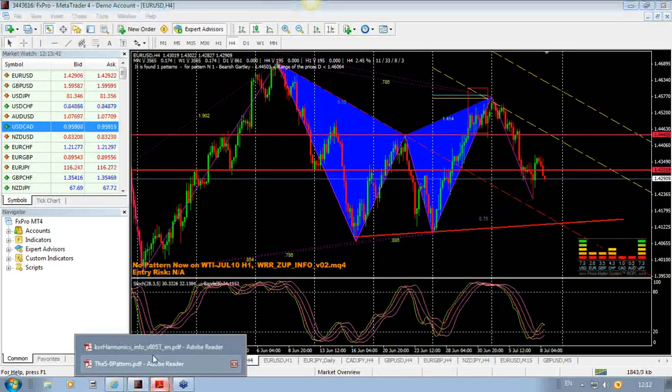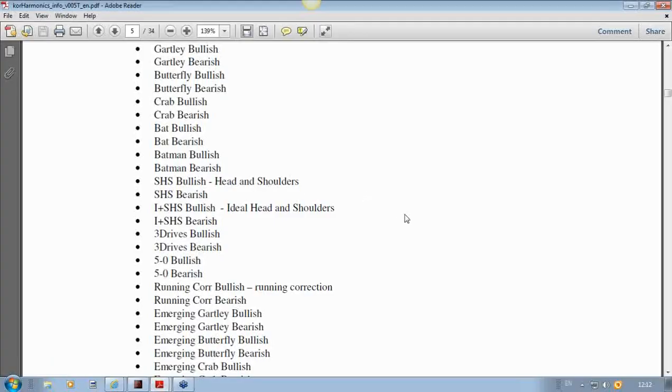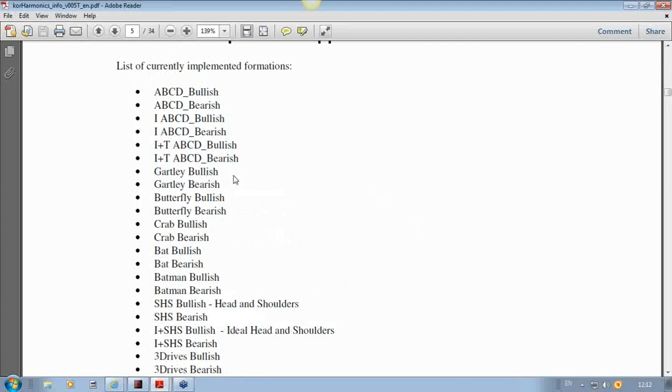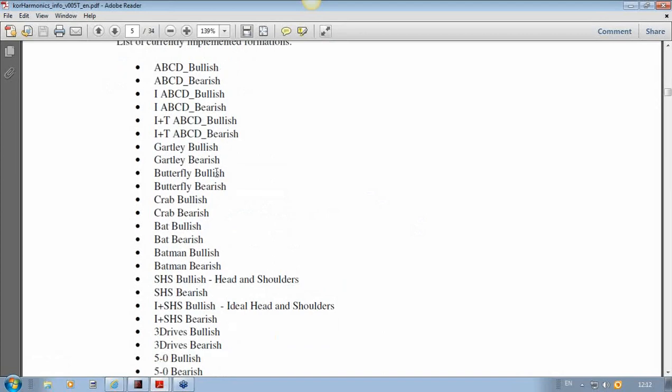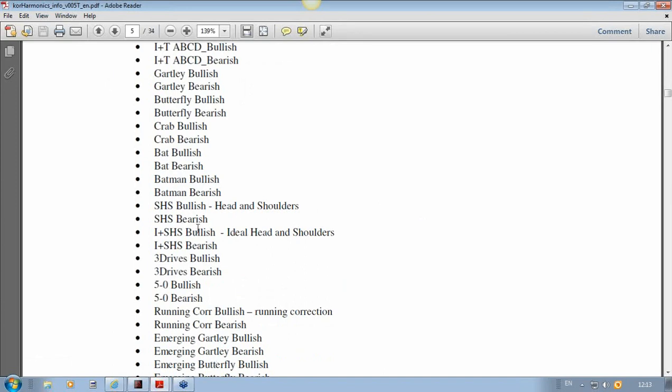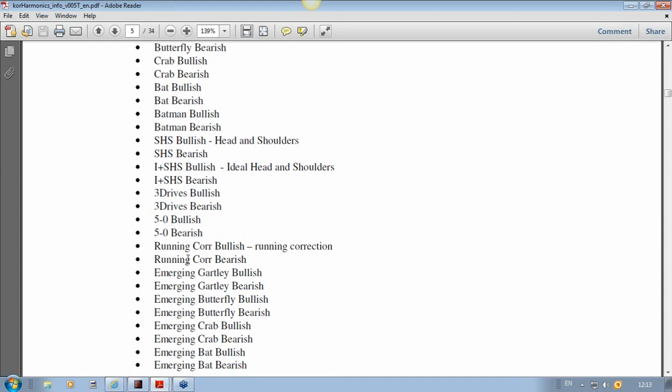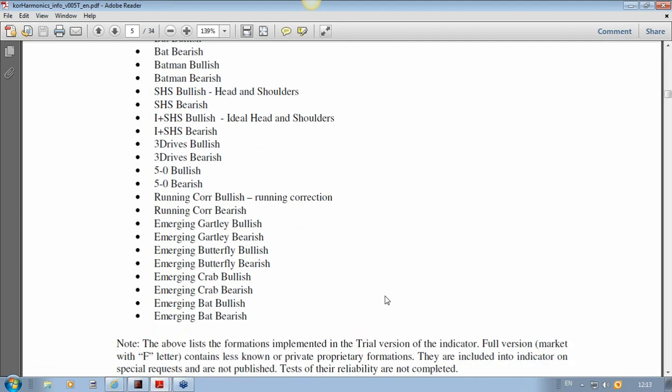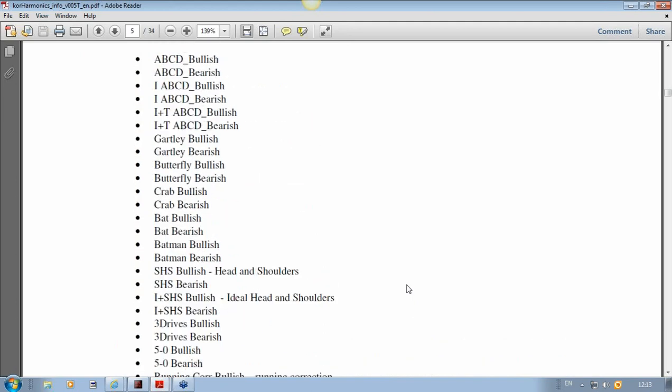Just so you understand, watch all the patterns I have: ABCD, 1 ABCD, 1 plus T ABCD, Gartley, butterfly, crab, bat, Batman, head and shoulders, I plus head and shoulders, 3 drives, 5-0, running core, emerging Gartley, emerging butterfly, emerging crab, emerging bat. There are more. There is also AB equal CD.